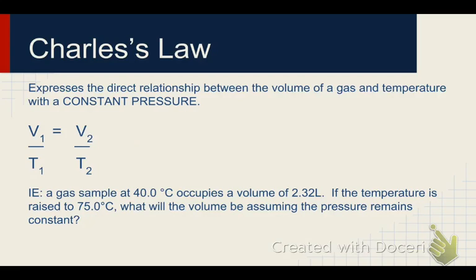If it's a direct relationship, if my volume increases, what do you expect to happen with my temperature? You would actually expect it to increase. This one is a direct relationship, so as one goes up, so does the other. Alright, so after you wrote down this problem, let's go ahead and solve it.